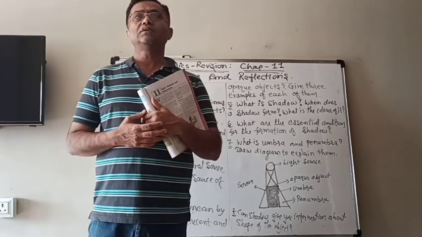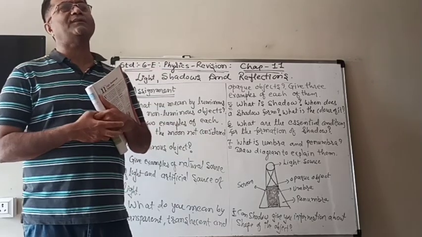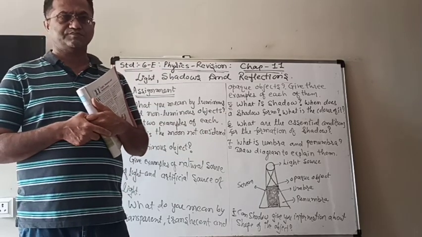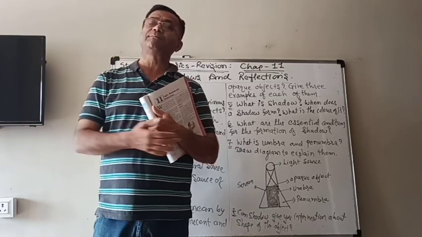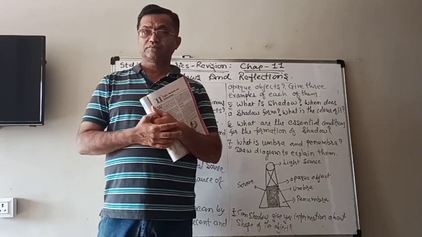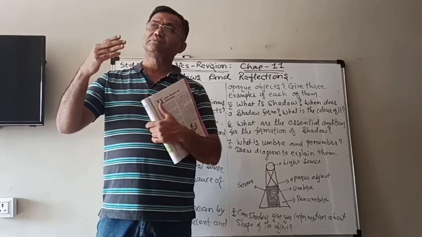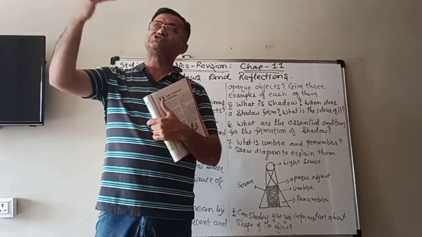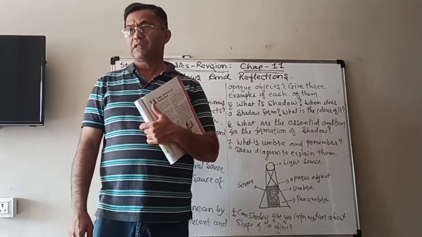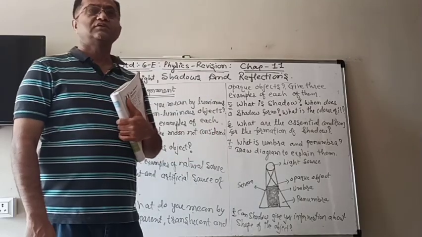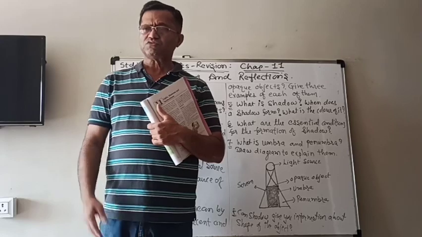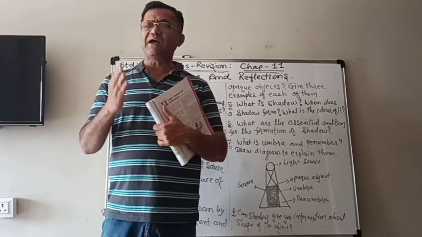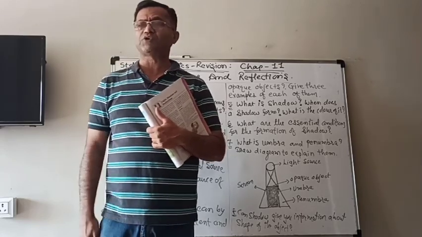Now, if you see the objects around us and try to see through them, means you hold them such that there is a source of light, and if you observe them properly, then you can divide them into three types of objects.